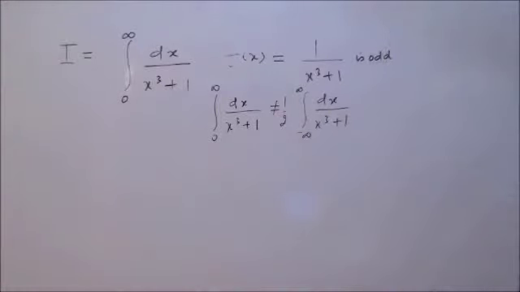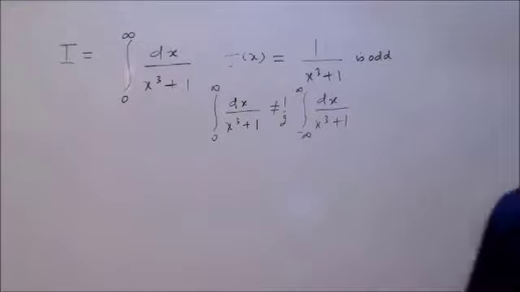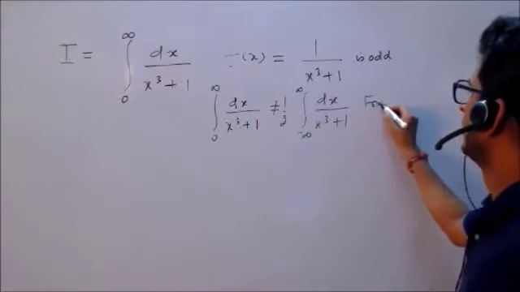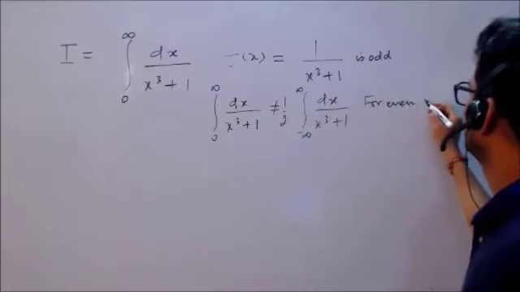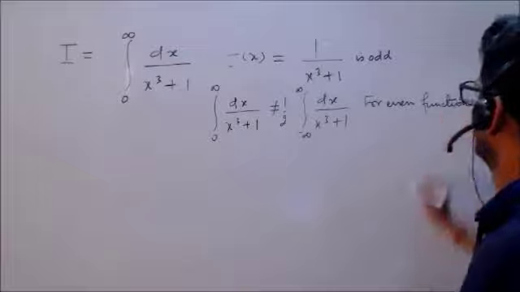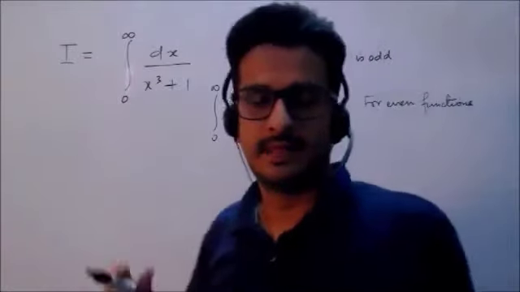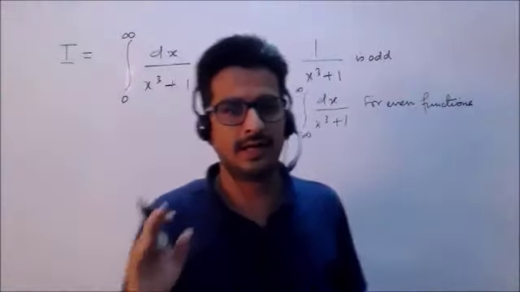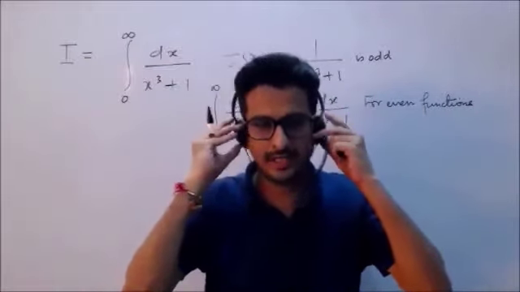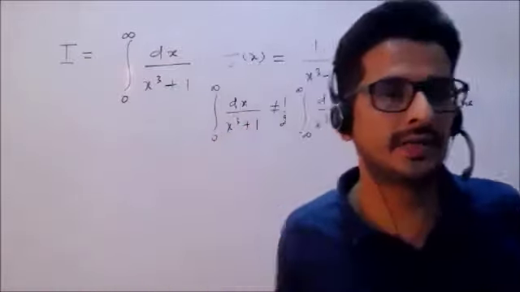Please see this, they both are not equal, because this can be done only for even functions. For even functions you can do that. For odd functions you can't do that.